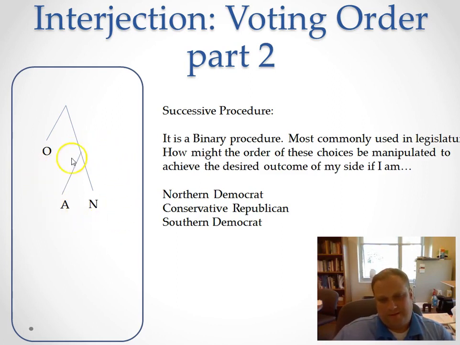Now, if I'm a Northern Democrat, I prefer the original bill, but if I have a second choice, I choose the amended bill. If I'm a Southern Democrat, I choose no bill first, original bill second, amended bill third. If I'm a conservative Republican, I like the original bill first, the amended bill second, and no bill third.